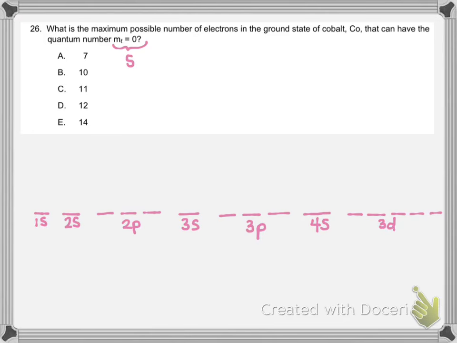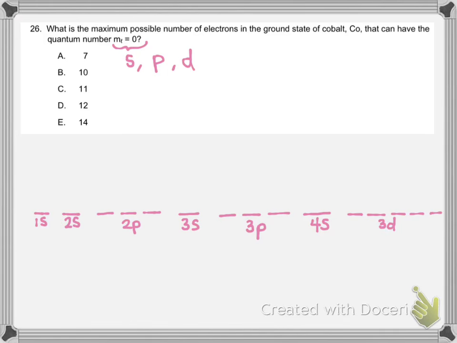Here in number 26, they ask what the maximum number of electrons in the ground state of cobalt can have a quantum number m sub l equals 0. And so when m sub l equals 0, this can correspond to an s, a p, a d. Could be one of the orbitals for any of these.